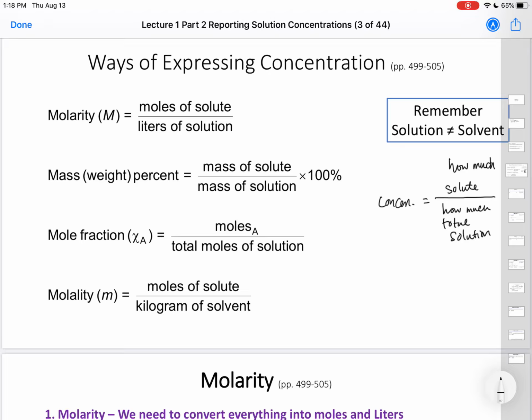Okay. This is sometimes not always true, but for the most part, that's kind of the general idea.